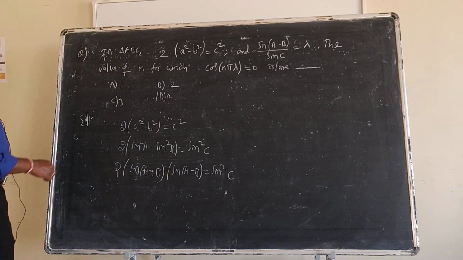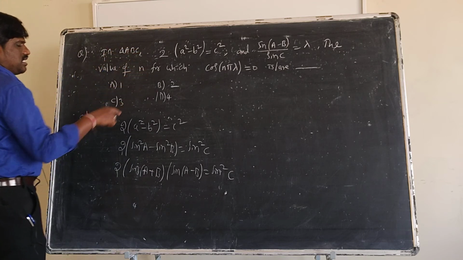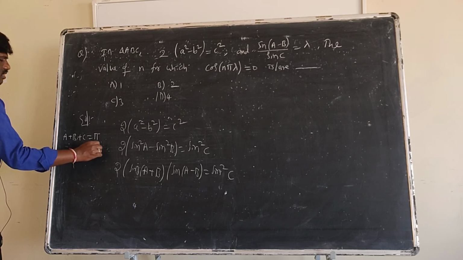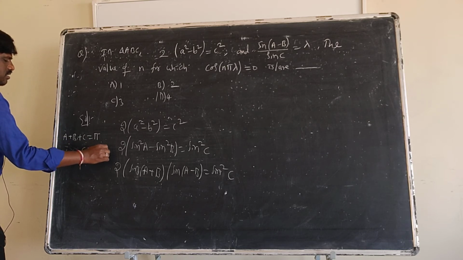ABC is a triangle. If ABC is a triangle, a plus b plus c is equal to how much? 180 degrees. So c can be written as pi minus (a plus b).